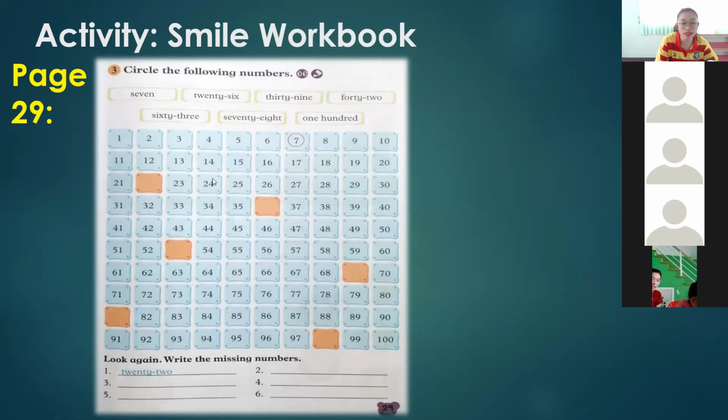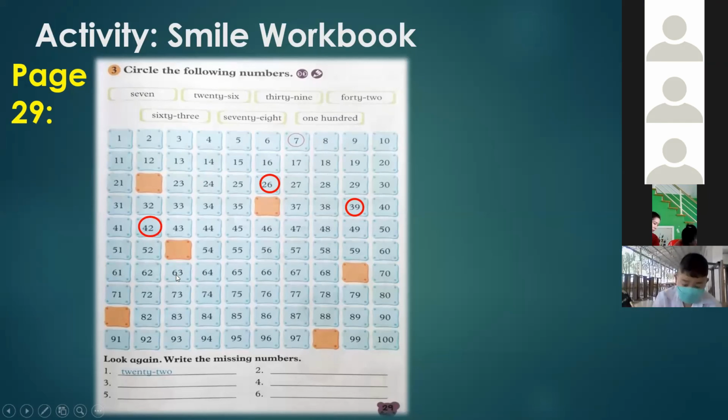Next is 26. You encircle 26. Next is 39. Encircle 39. Next is 42. Next is 63. Encircle. And 78. And the last number is 100.